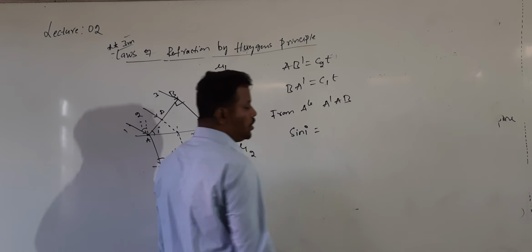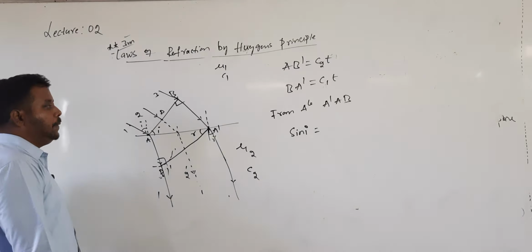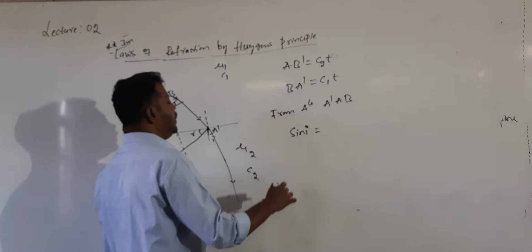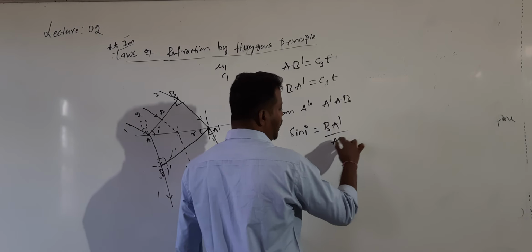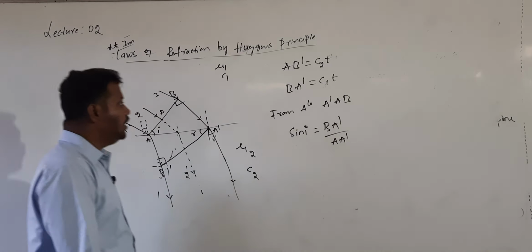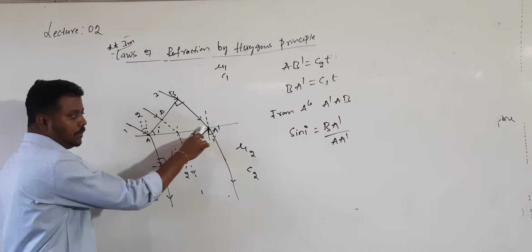Sin theta is equal to opposite side divided by hypotenuse. The opposite side is B A dash, and the hypotenuse is A dash A. So sin i is B A dash by A dash A.